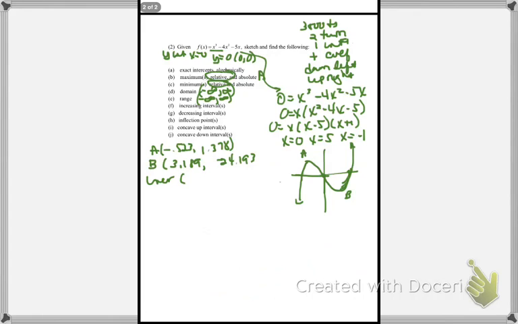So we're going to increase from negative infinity to negative 0.523, and again from 3.189 to infinity. We're going to decrease from negative 0.523 to positive 3.189. Now, the only thing left is your inflection points.